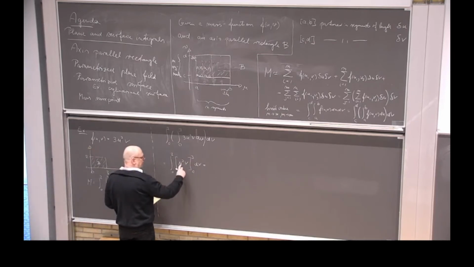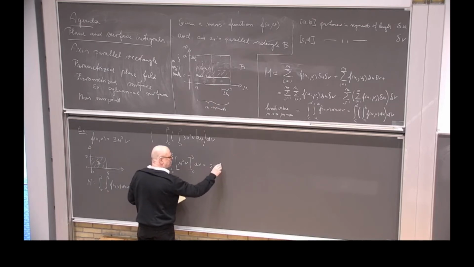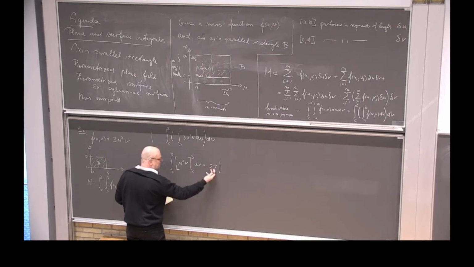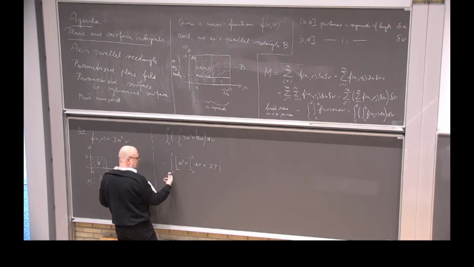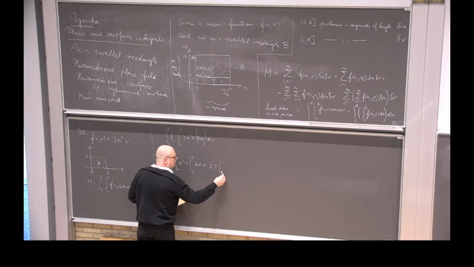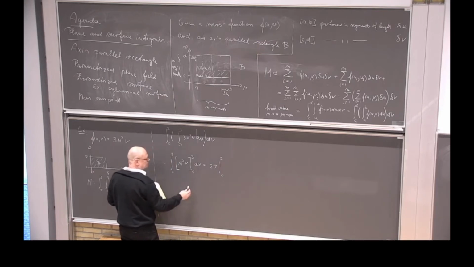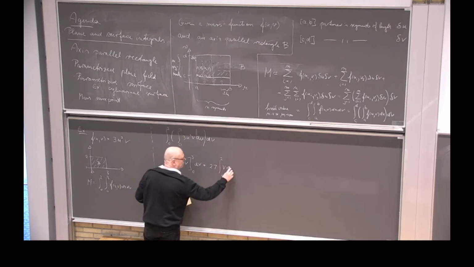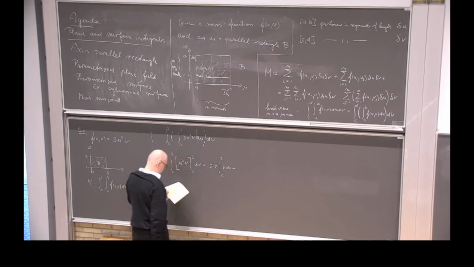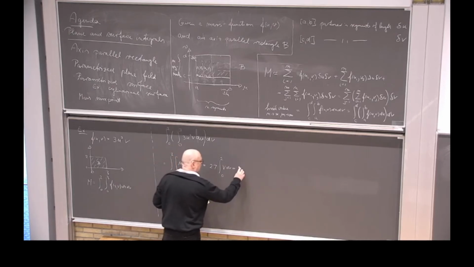And you have to take it between the limits 0 and 3. If you put in 3, you get 27, and you get nothing from the lower limit, so you get 27. And this is a constant, I can put it outside the integration sign, so we have the integral from 0 to 2 of 27 v.